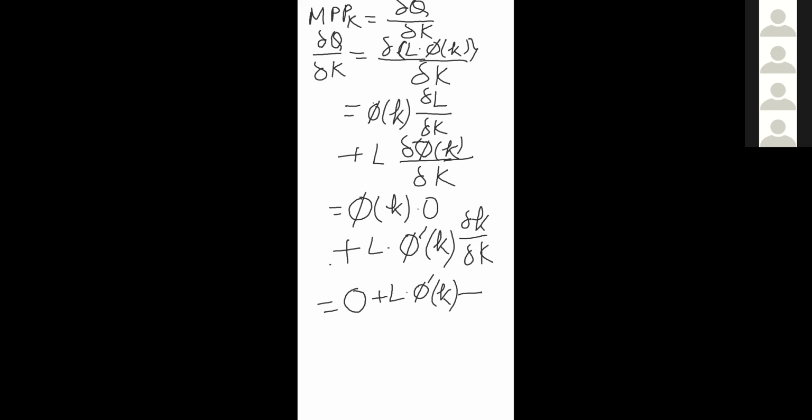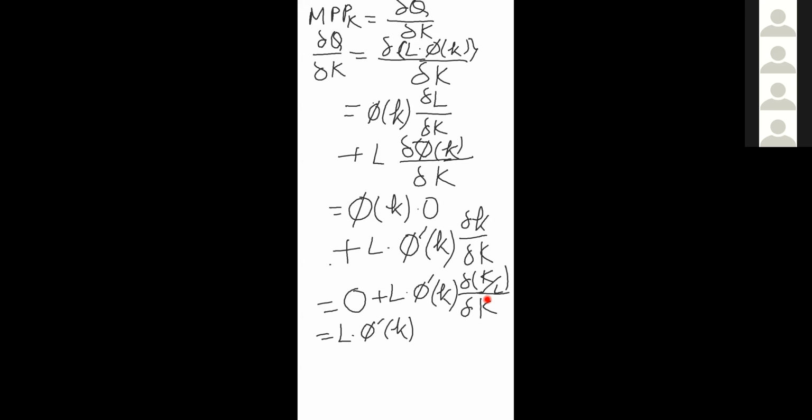Here is small k means K by L, divided by del capital K. So we can write L into phi prime of small k. Then here is K by L, we will differentiate K by L with respect to K. So can you tell me what is the differentiation value of del of K by L divided by del K?